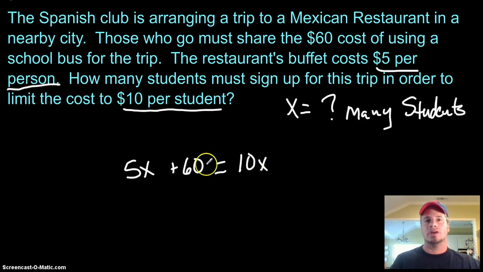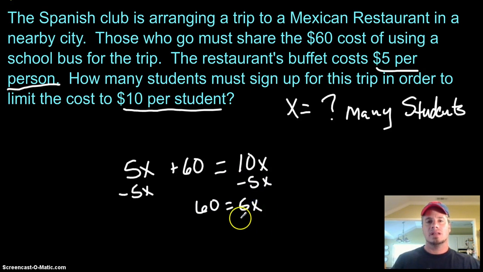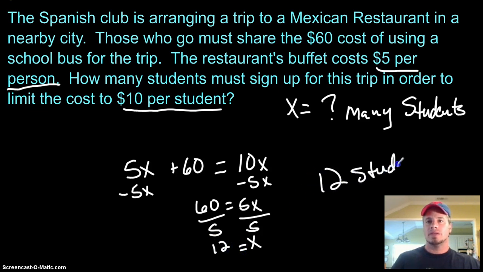I've got a rate here and a rate here, and then a one-time cost here. Okay, let's solve this. Here it'd be easier just to subtract 5x from both sides, because this will save a step. Okay, this is 60 equals 5x. Last step is to divide by 5, and we get x equals 12. So 12 students would be the answer.